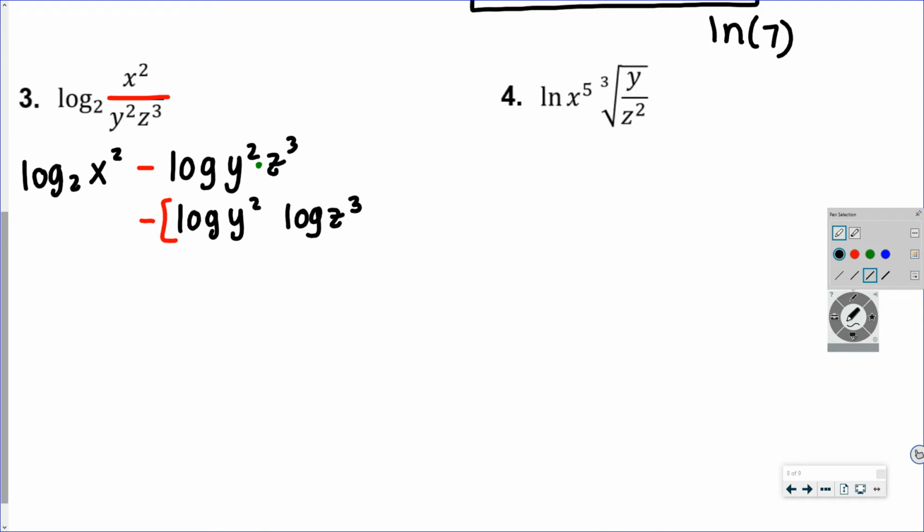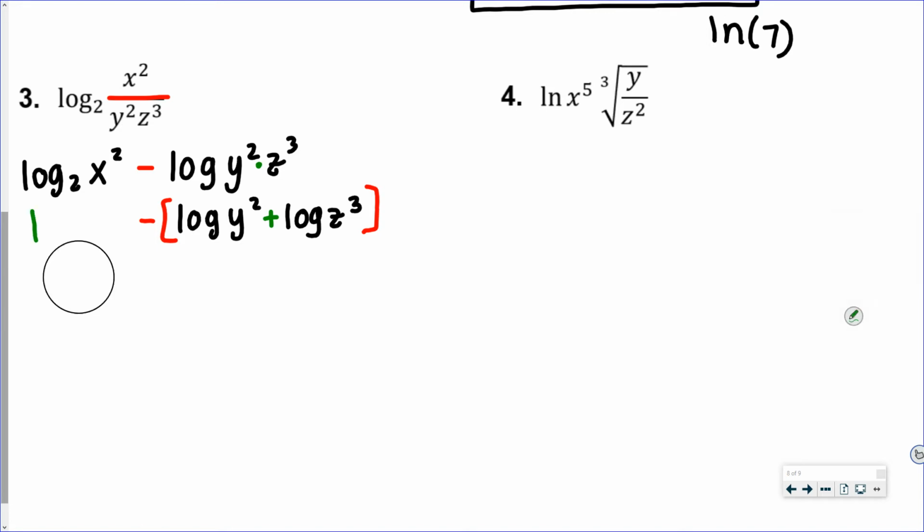Each factor gets its own log, and since that's a product, I would add them. But you're still subtracting that whole thing because both of those terms are in your denominator, okay? If you wanted to bring the power down in this first one, you could. I usually just wait till the last step to bring all the powers down, but you can if you want to. It doesn't matter.